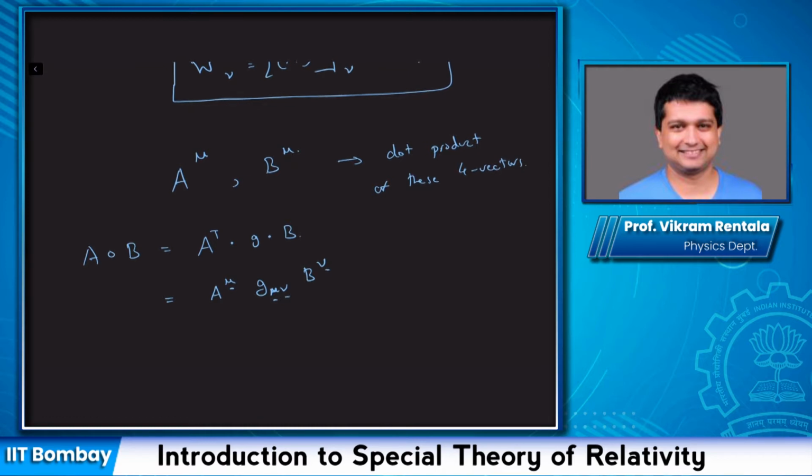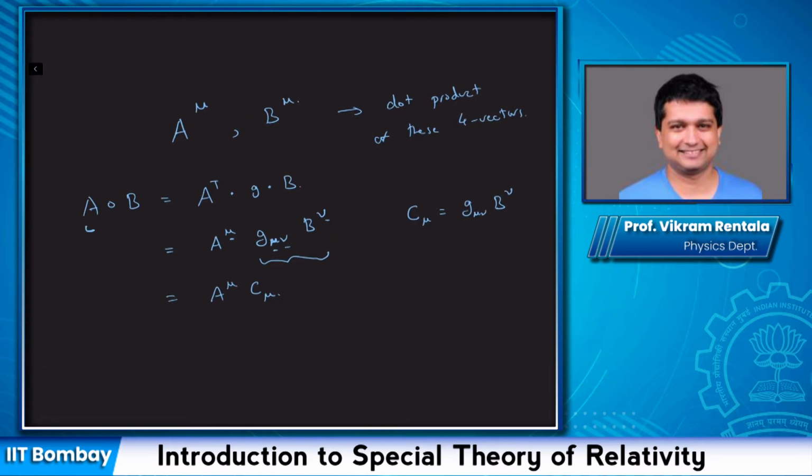Now, this quantity is exactly what we can define as a covariant four vector, which we write as C mu, which is G mu nu B nu. So we can write the dot product as A mu C mu.